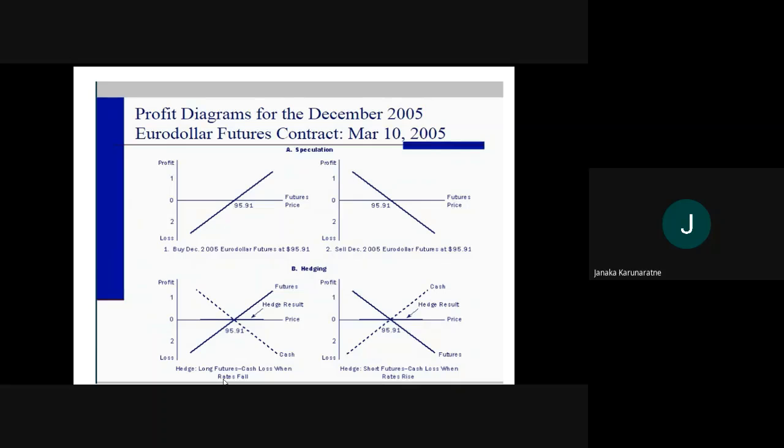Now, let's say you buy a futures contract today. In the first graph, you buy a euro-dollar futures contract today at 95.91, at the futures rate of 4.09 percent. So what happens?